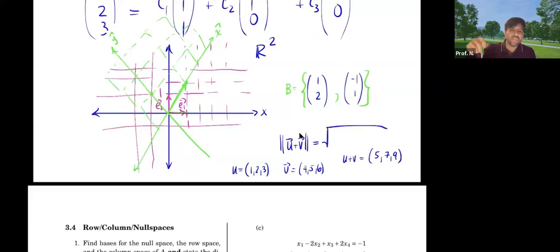This is the generalization of the Pythagorean theorem, which is used to define distance between two points in space. This is a three-dimensional space, so we're finding the distance between the point 5, 7, 9 and the coordinate 0, 0, 0. We extend the Pythagorean theorem to three dimensions by squaring every number, adding them, and taking the square root. That will give you the length of that vector.